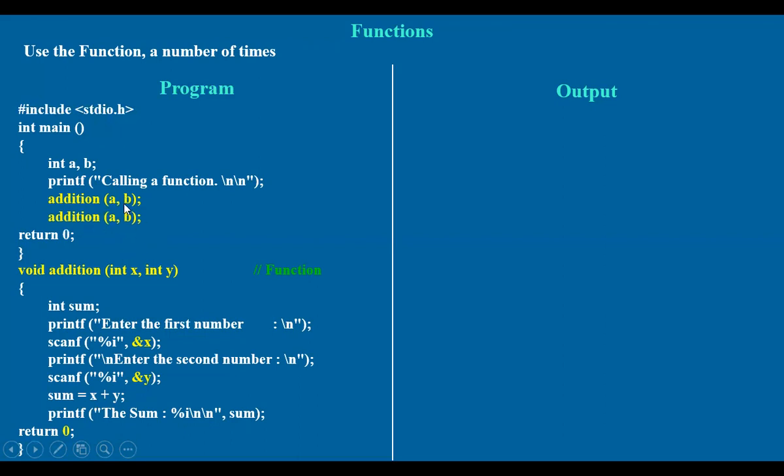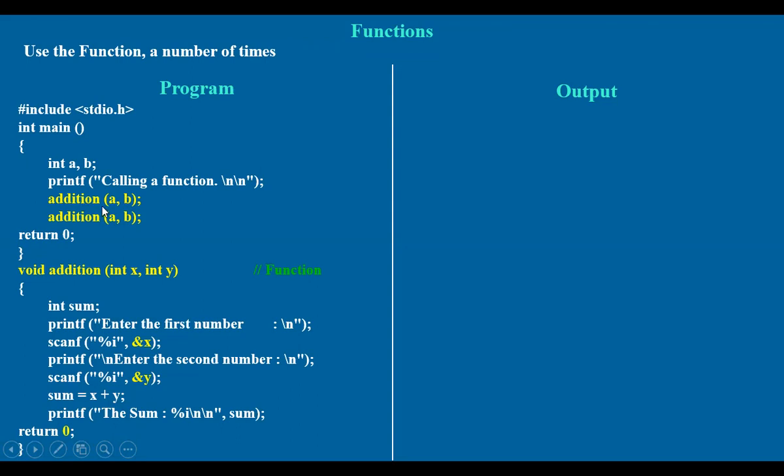What does it mean? We are writing the same variables. We have declared a, b as variables. That means two variables. This addition function needs two variables. That's all. So this time I have given a, b. The different parameters which are needed by this function should be mentioned, so we have mentioned a, b here.